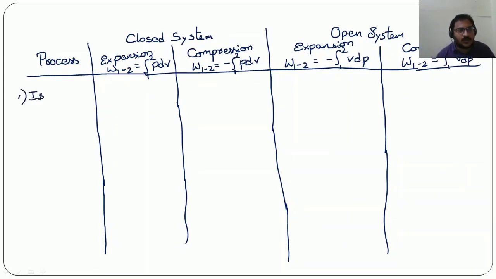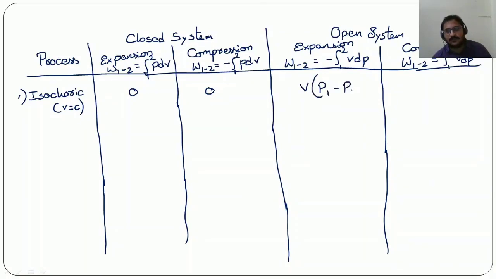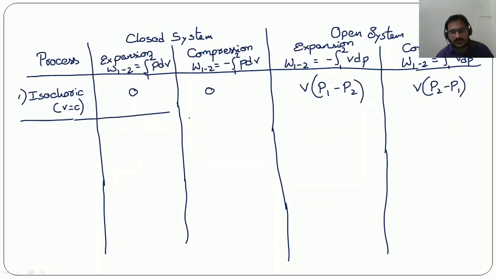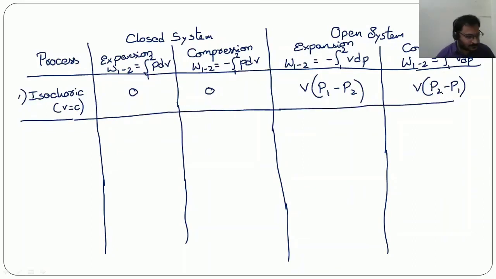First one is isochoric process, volume is constant. So isochoric process, closed system work done is this one. So this is V into (P1 minus P2), and this will be V into (P2 minus P1). This is during isochoric process. Next, second one, isobaric.